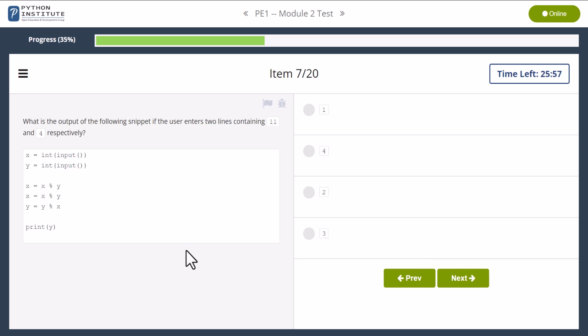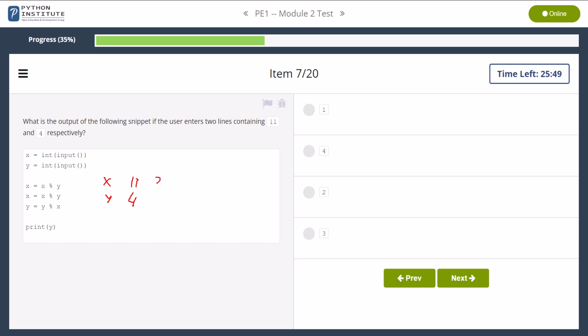What is the output of the following snippet if the user enters two lines containing 11 and 4 respectively? Okay, well, again, we'll need to keep track of my variables. And x initially is 11, and this is an integer number. And y is 4, and it is also an integer number. So what we do, we take the remainder from the division of x by y. So 11 divided by 4 equals 2 with a remainder of 3.